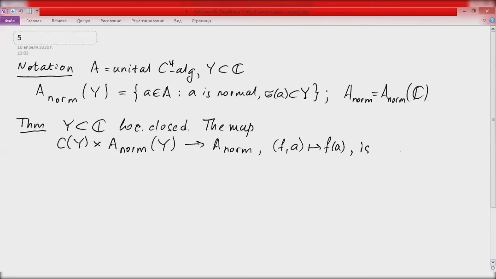So here, C of Y is the algebra of continuous functions on Y, and it is equipped with the standard topology of compact convergence, the compact open topology.